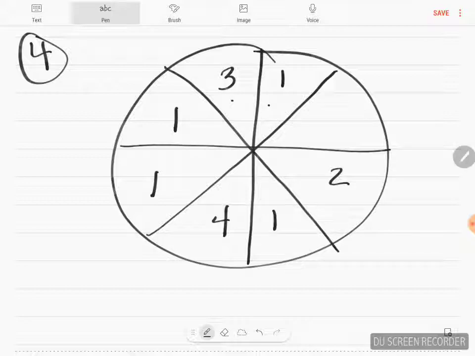I have 3, 1, 2. After the 2 goes a 1. After the 1, a 4. After the 4, a 1. And then a 2. Sorry about that, that was a little complicated.